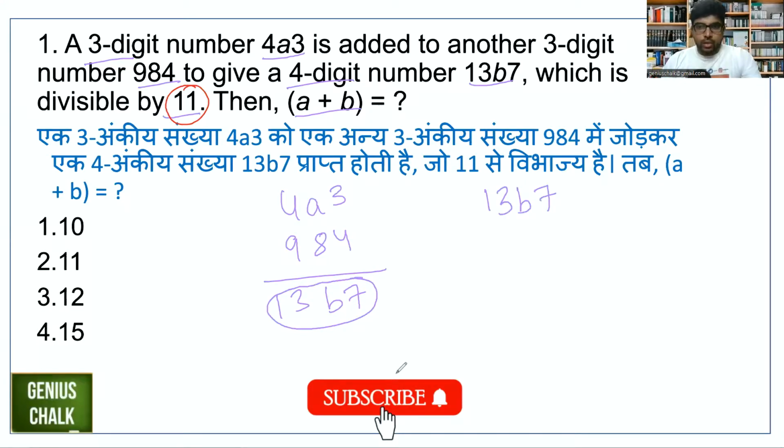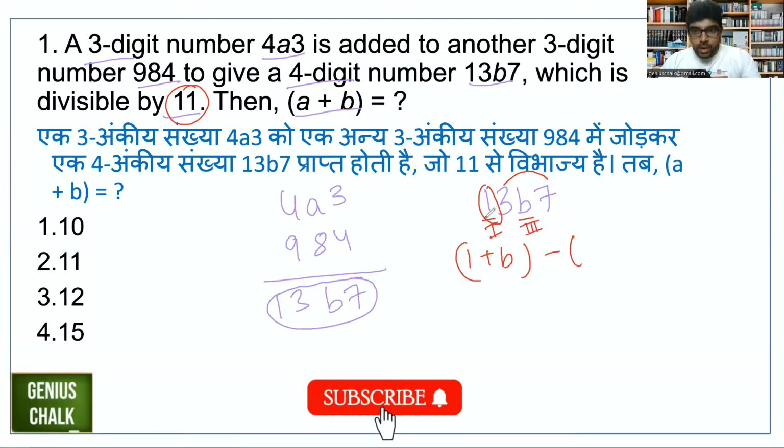13B7. Now you know the divisibility rule of 11, right? That is that the sum of the odd positions and the sum of even positions, their difference must be divisible by 11. So what we are going to do is, we are going to get the difference here. It is 1 plus B minus, 1 is the first position, B is the third position, right?